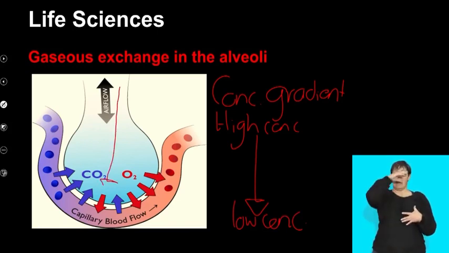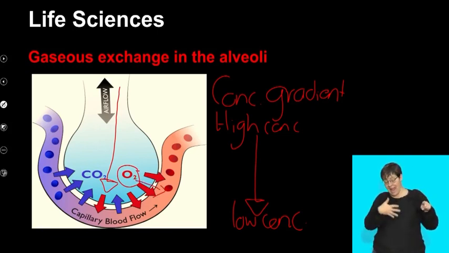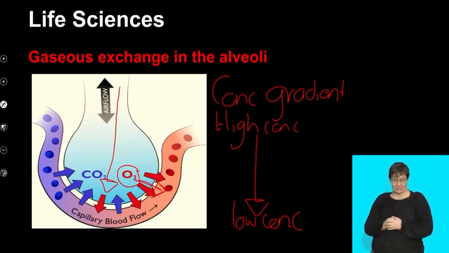If we have a look at this concept, when we breathe in, inhalation, do you see oxygen moves in? We have a high concentration of oxygen in the alveoli. We have a low concentration in the blood, and so oxygen moves from high to low. The other side of it is that in the blood, we have a high concentration of carbon dioxide.